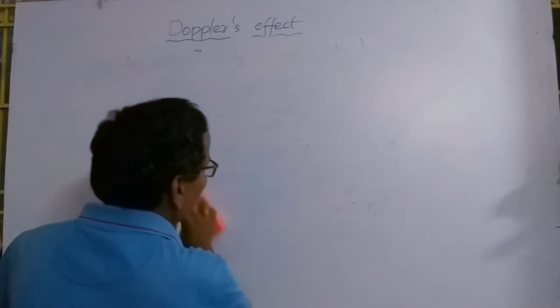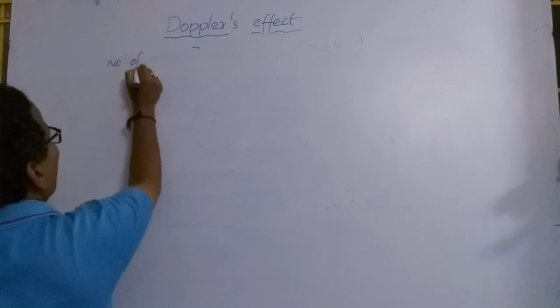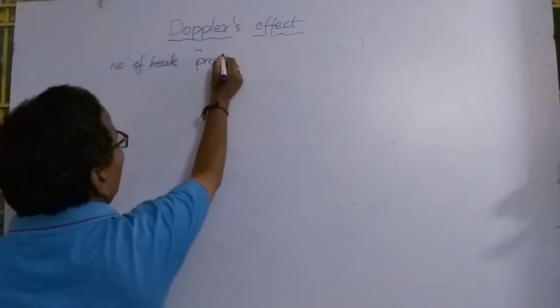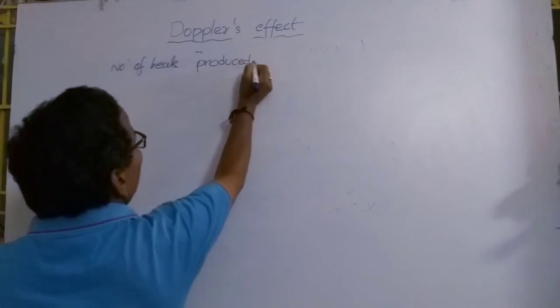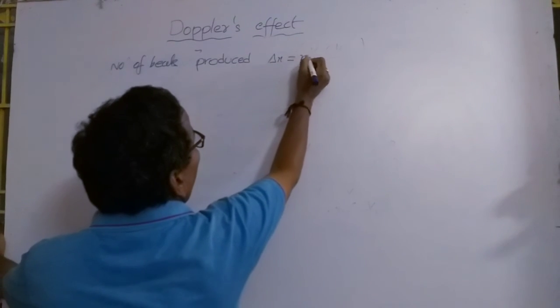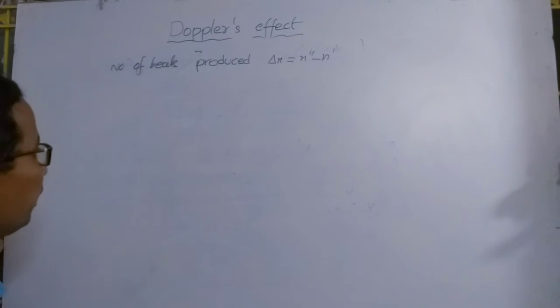Here the number of beats produced, delta n is equal to n double dash minus n dash.